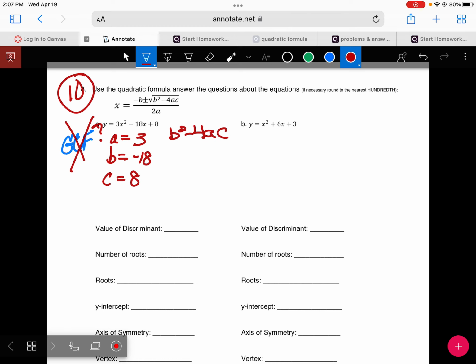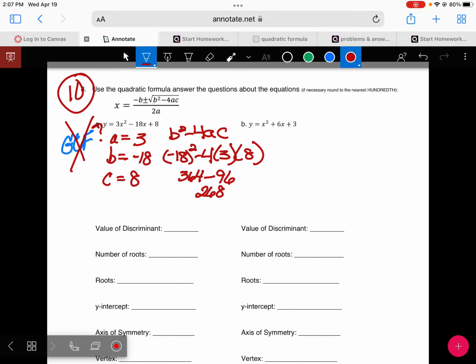Okay, so b is -18 squared minus 4 times my a value of 3 times c, which is 8. -18 squared is 324. Is that right? Yes. Minus 12 times 8, 96. Yes, 96. 324 minus 96 is 228.